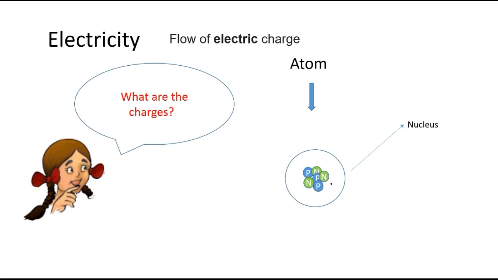Now let us talk about the properties of these protons and neutrons. Neutrons are neutral in nature, whereas protons are positive in nature. What do we mean by this?